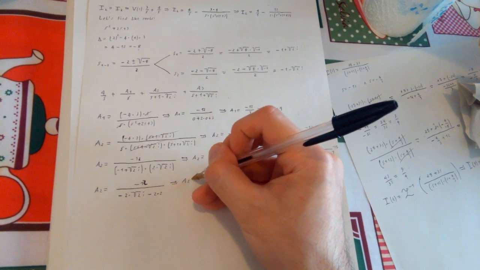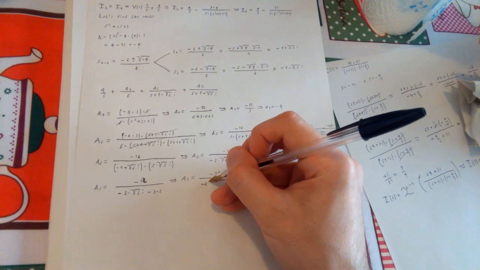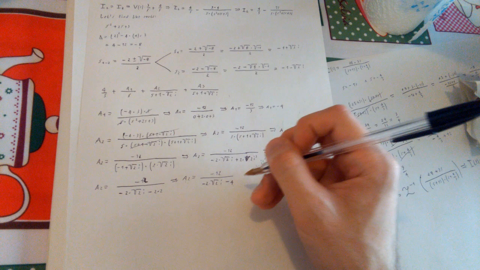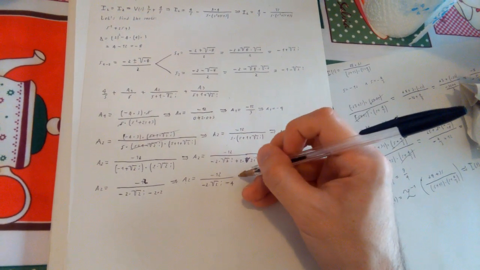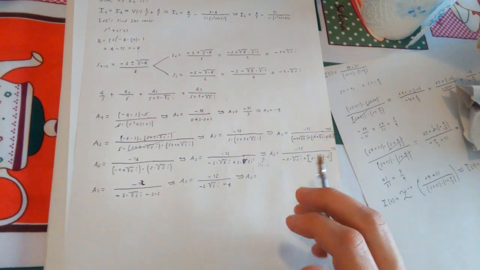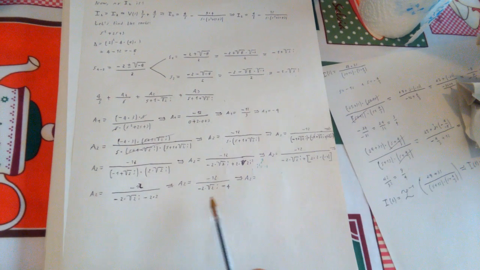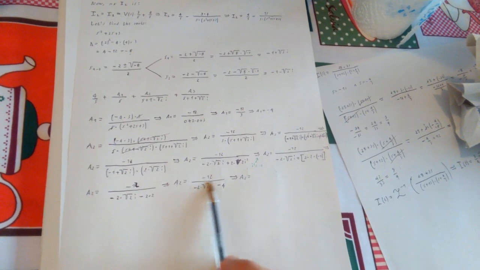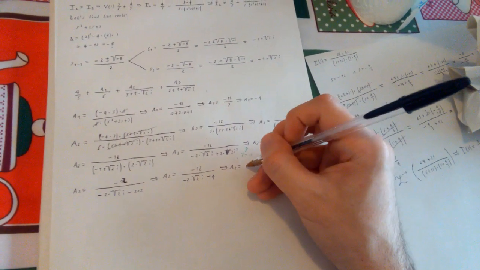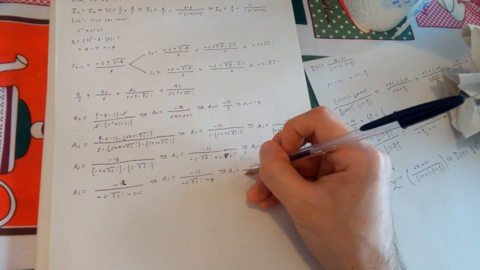So a2 is actually -12 over -2 times the square root of 2i minus 4. And then I can just rationalize by multiplying by the complex conjugate of this one at the numerator and denominator in order to get rid of it. So a2 still -12.